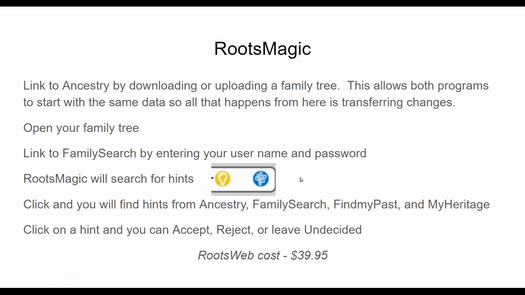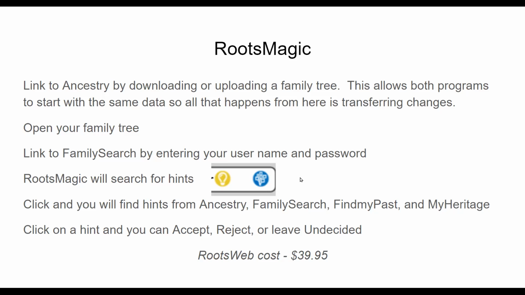The one on the left indicates there are some hints I've got for you. The one on the right says you are or are not connected to a person on Family Search. That's very important, because that's how they know what you got on Family Search. So there's a process you have to go through of connecting.